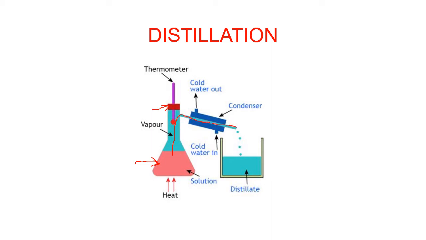Now, what happens when the steam is passing through this region? This region has been surrounded by a water condenser, which means that if you see here, there is cold water in and out. This condenser is cooling the gas which is passing through that portion. This dark blue colored portion is the condenser, and condensation is taking place here, and the gas which is passing through this outlet is being converted to liquid.